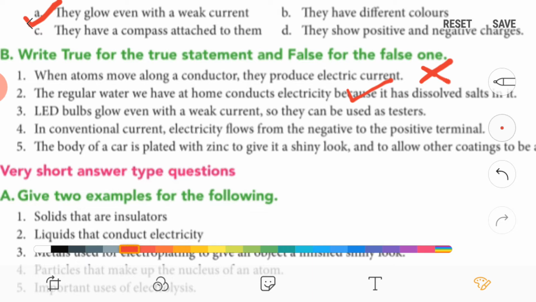Third one, LED bulbs glow even with a weak current, so they can be used as a tester. So it is true.